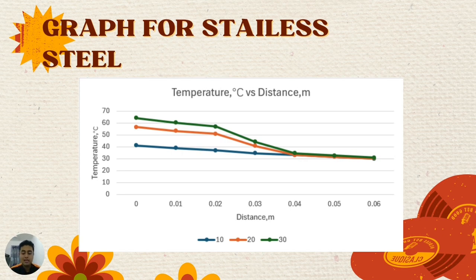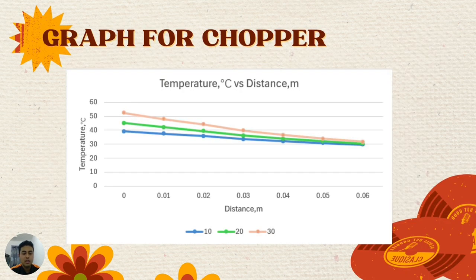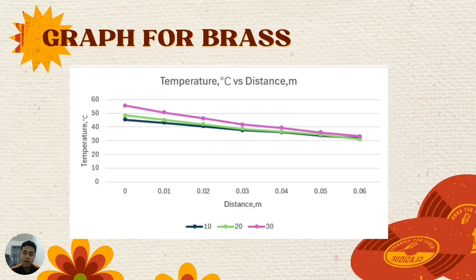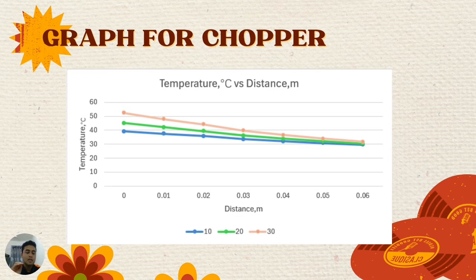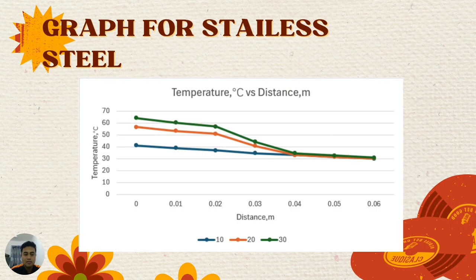So from these three different materials, I would say the best material is between brass and copper, which is the decreasing temperature is slightly beautiful because it is gradual, a beautiful graph, rather than the stainless steel, which is also decreasing, also faster, but the temperature drop is quite drastic compared to brass and copper material. So I think that's all for my part.